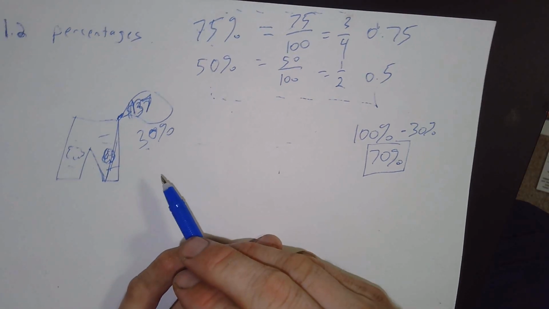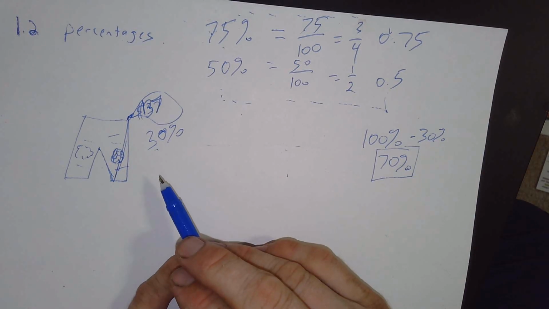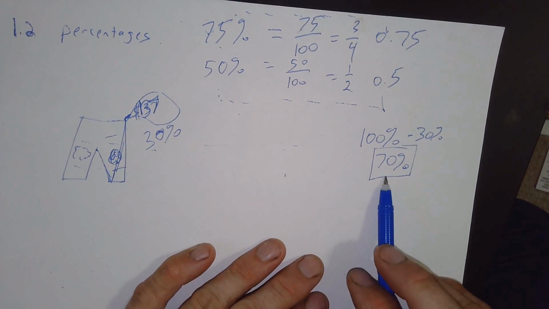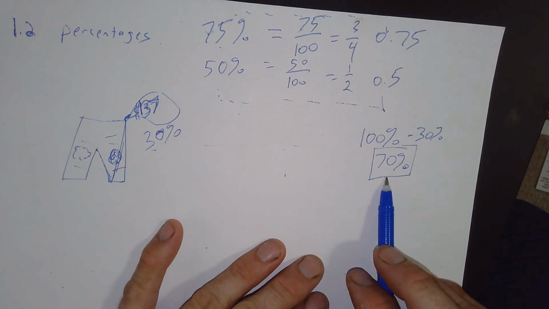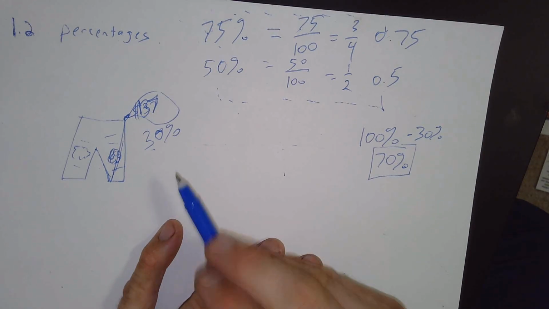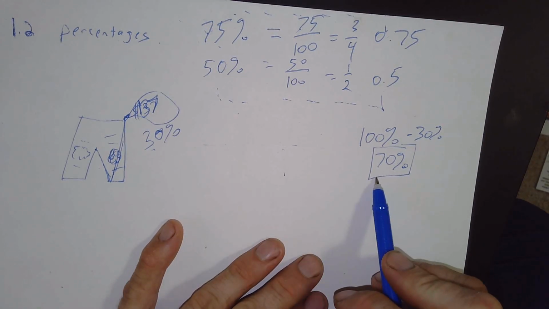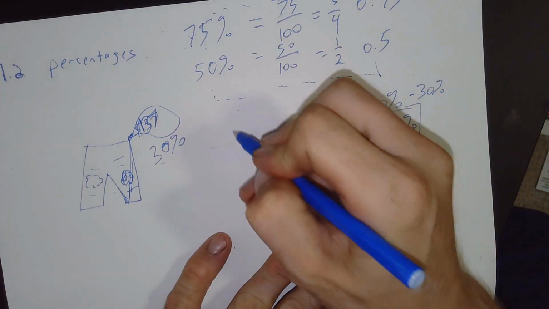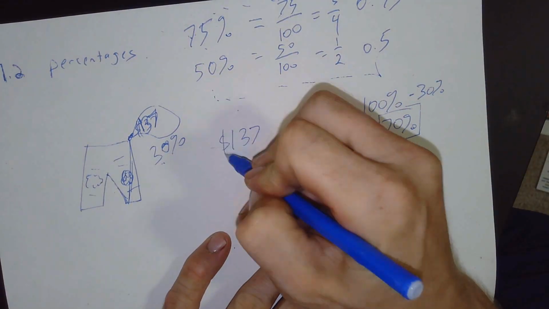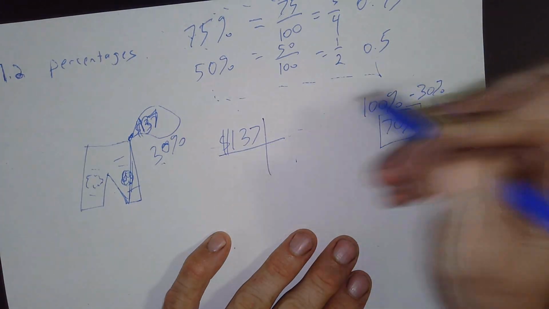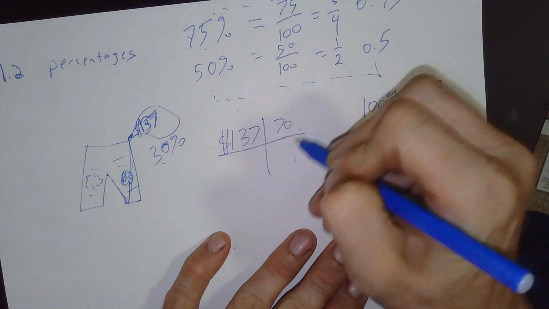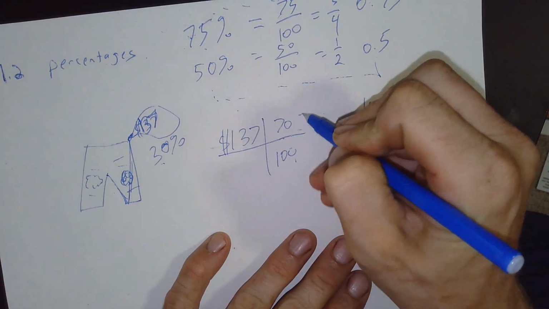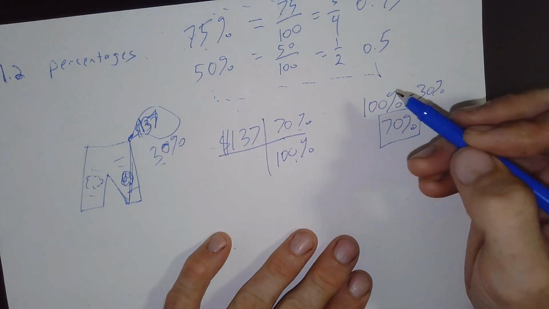They say it's a marketing strategy. They say 30% off instead of saying you only have to pay 70% of its initial price, right? It's easier to say 30% off. So you're only paying 70% of its initial price, all right? So you can do $137 times 70 over 100%, right?